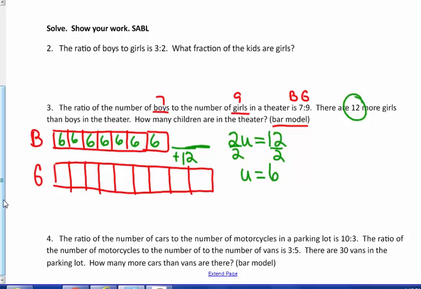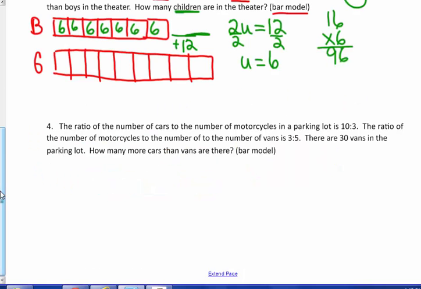A faster way of trying to find out how many children there are is to add my 7 units for boys and my 9 units for girls, which gives me 16, and multiply by 6. Multiplying is always faster than repeatedly adding that 16 many times. So 6 times 16, that's 36. Carry the 3, you get 96. So how many children are there in the theater total?